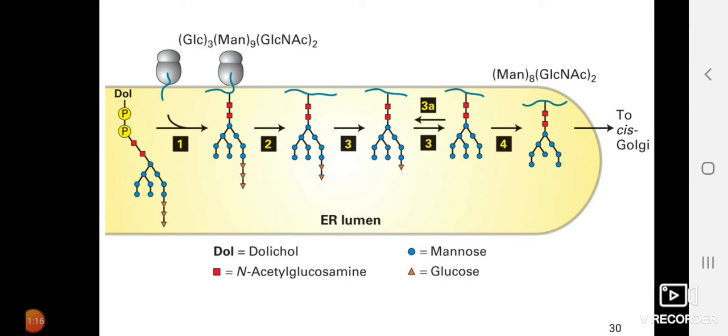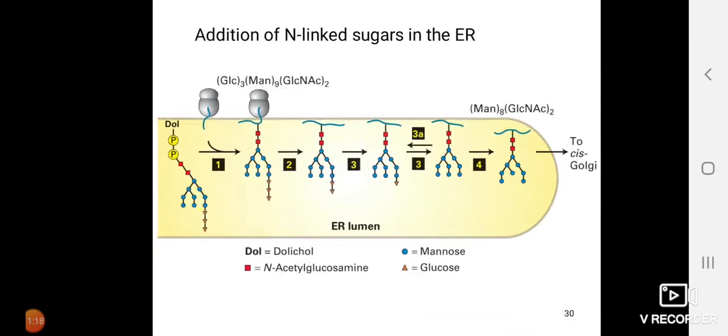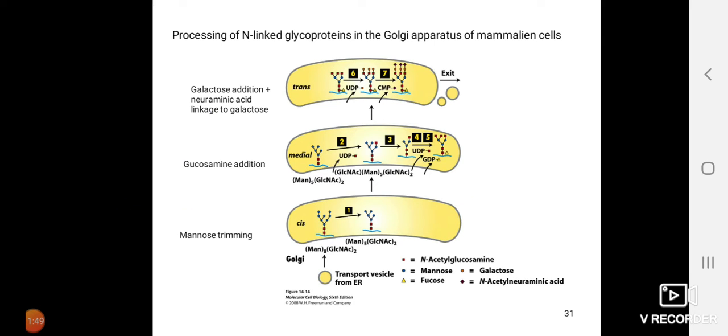Later, processing of this sugar tree takes place by different glycosyl transferase enzymes and glycosylase enzymes. The enzymes which cleave the glycosyl units are going to cut and process that sugar tree, and finally we come across a sugar tree consisting of 8 mannoses and 2 N-acetyl glucosamines.